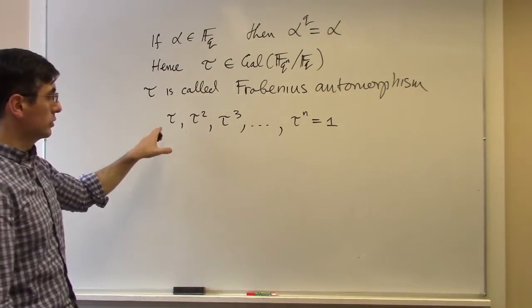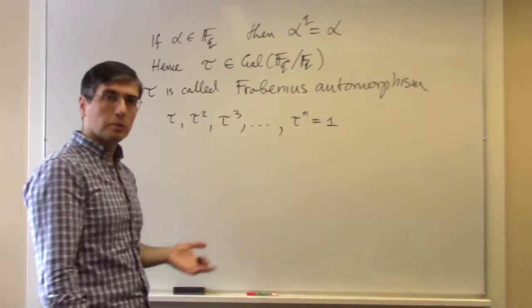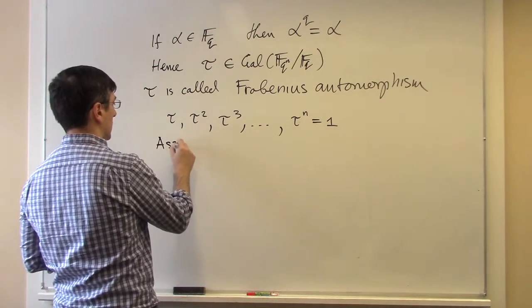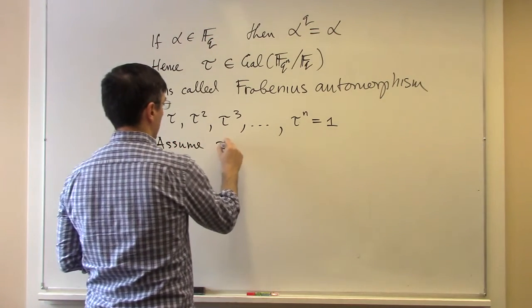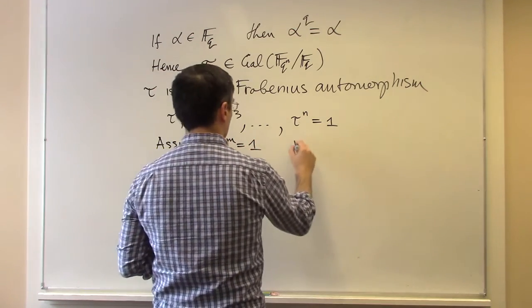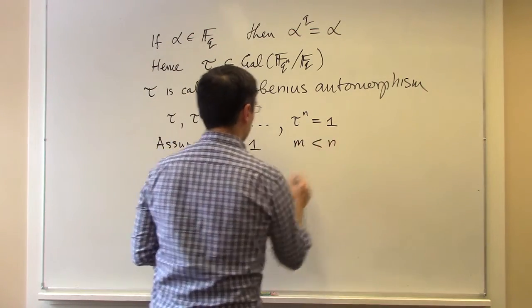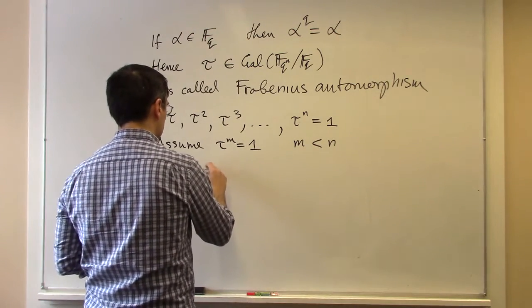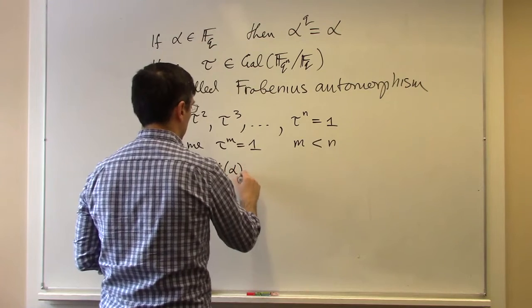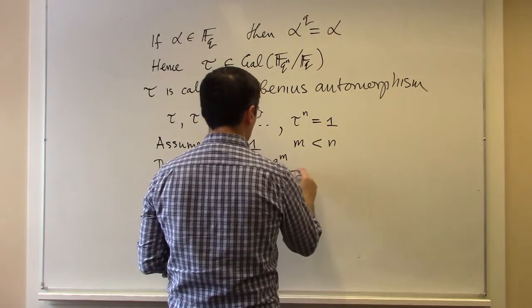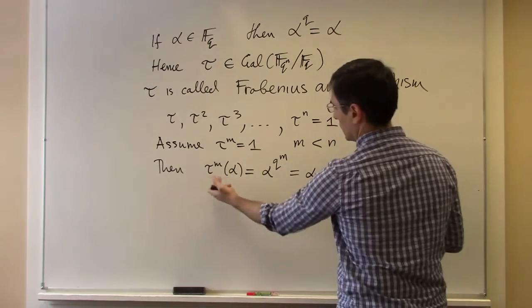So how do we prove that no smaller power of tau is 1? So assume, by contradiction, tau m is 1, and this m is less than n. Then tau m alpha, which is alpha q^m, has to be alpha, right?